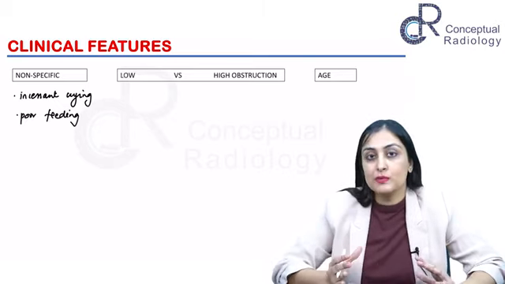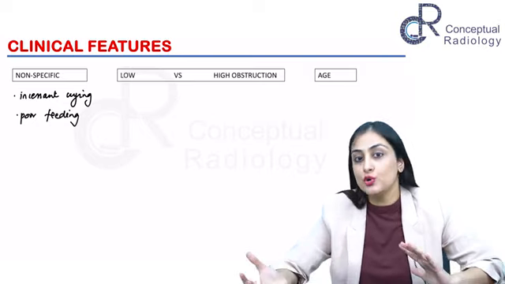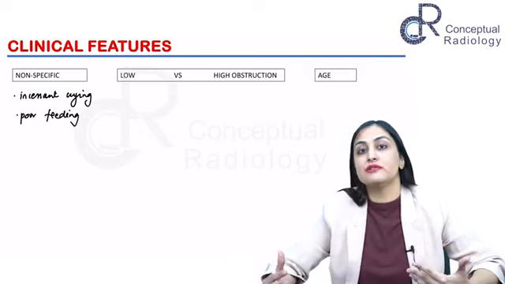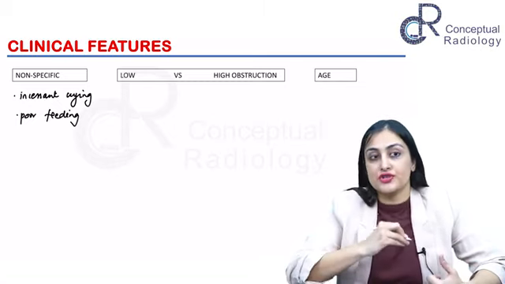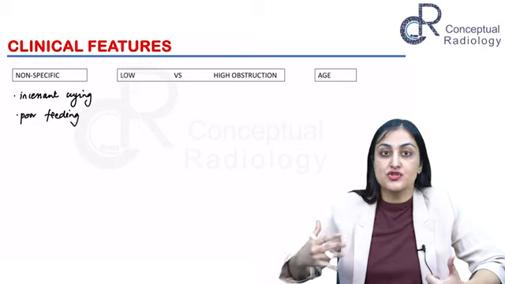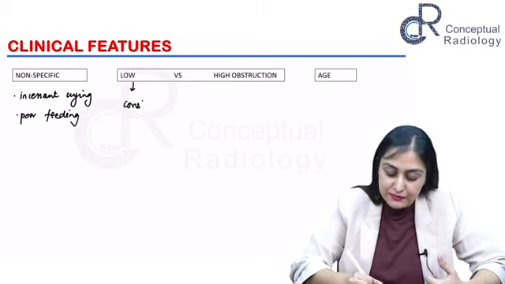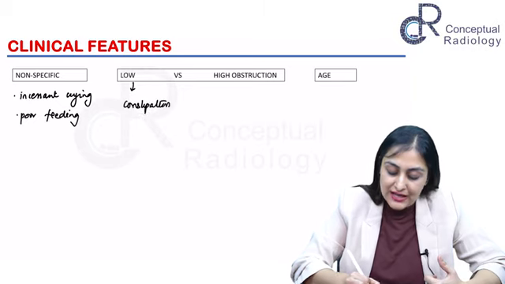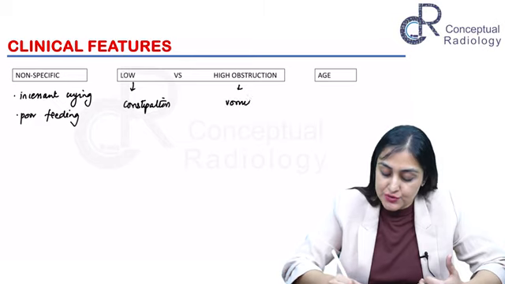Now, when we talk about the localization as far as whether it's upper GI tract or lower GI tract, what are the clinical features which will help you narrow that down? So, low obstruction basically means obstruction which is lower down in the GI tract. This is frequently going to present with symptoms of constipation, whereas high obstruction, that is higher in the GI tract, is frequently going to produce vomiting, right?